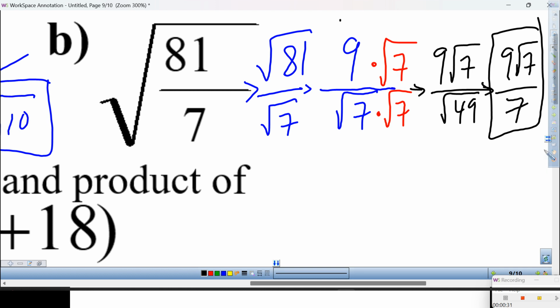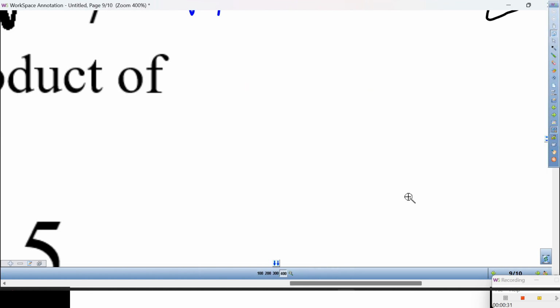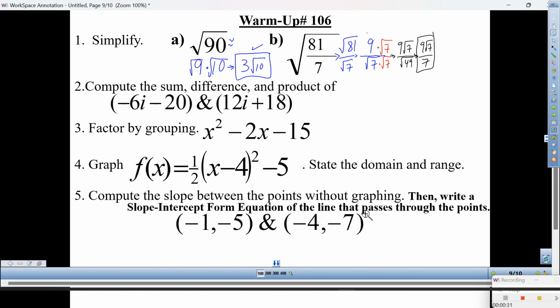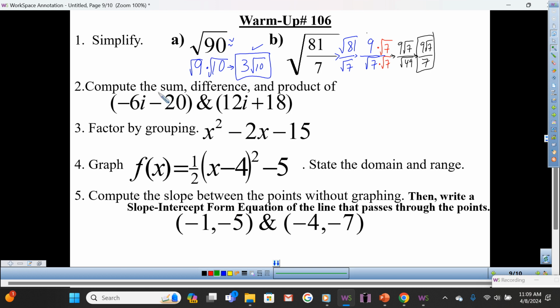All right, let's go to number 2. We need a sum, so that means adding these together. What'd you get for the sum? Rebecca, what'd you get? -2 plus 6i. Hands if you got that. That is correct. And remember, we need to write the i at the end.